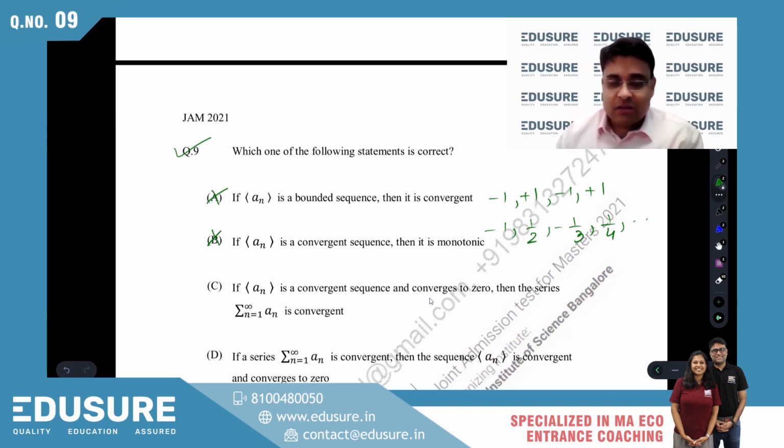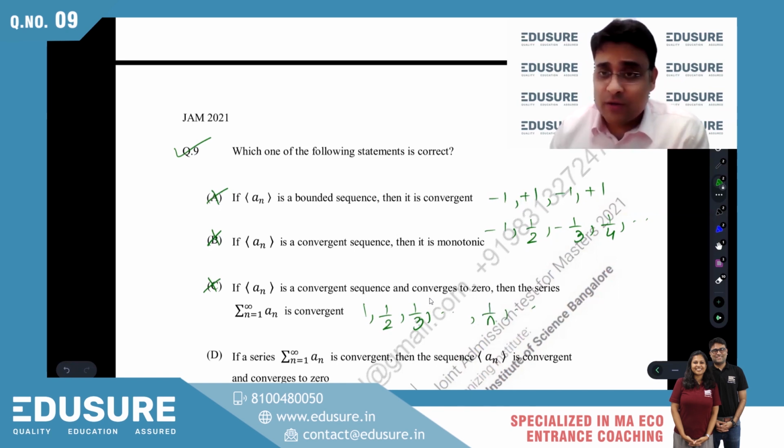If an is convergent and converges to 0, then the series summation an is convergent. Classical example: 1, 1/2, 1/3, ..., 1/n. This is a convergent sequence, and the limit as n tends to infinity of 1/n is equal to 0.